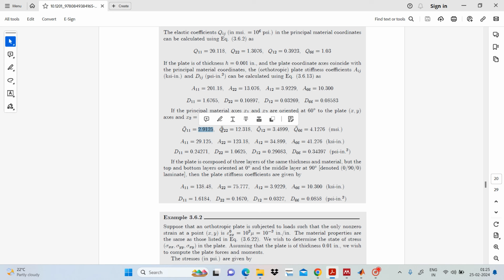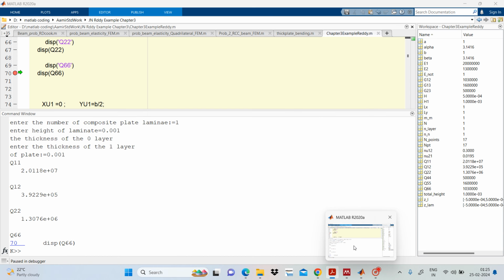Q22 bar, how much is it? 12.318. And 1.3076.